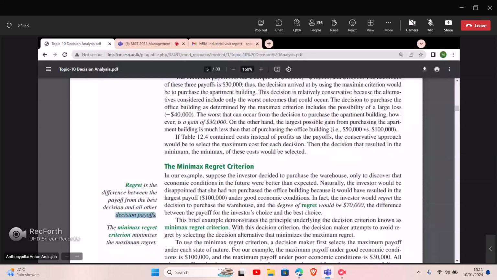According to the minimax regret criterion, the decision minimizes the maximum regret.